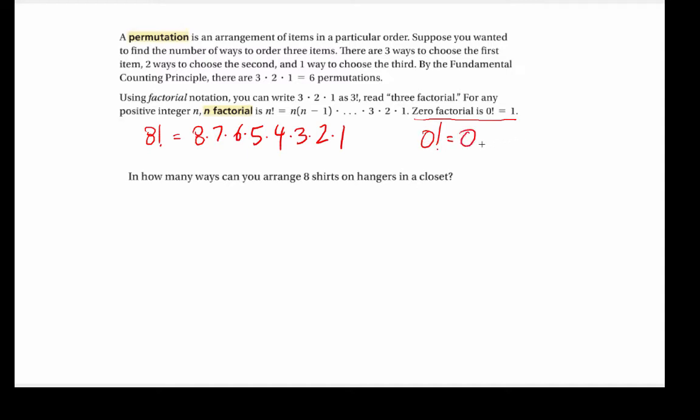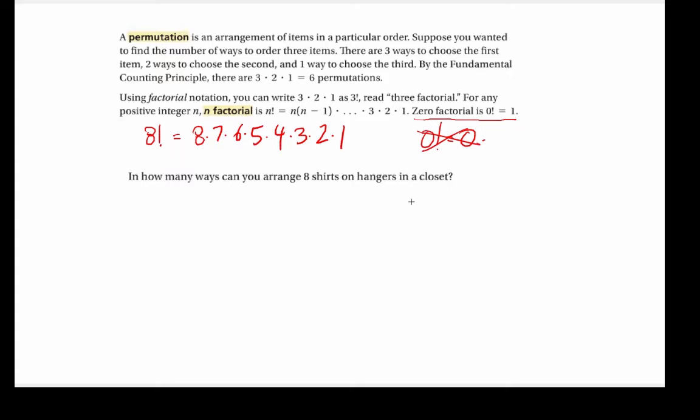Well, if you start with 0 you can't really multiply it by anything decreasing by 1 to get to 1, because it's already past 1, if you will, less than 1. So this is just a definition, what we call an axiom, that has to be assumed to be true in order to carry out many of the problems that we're going to look at.